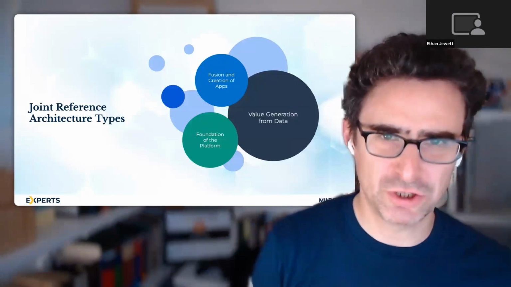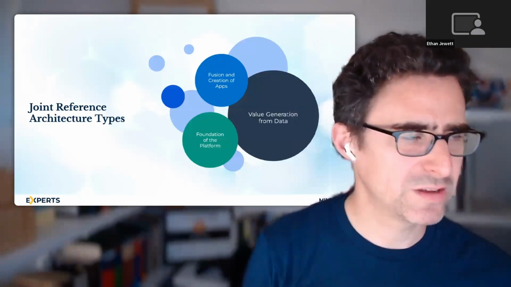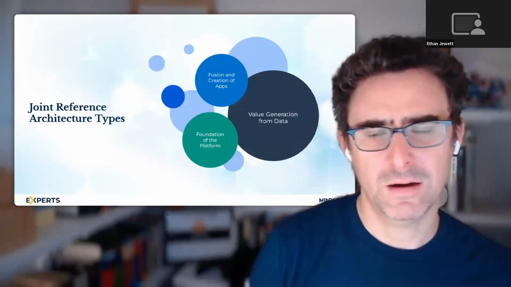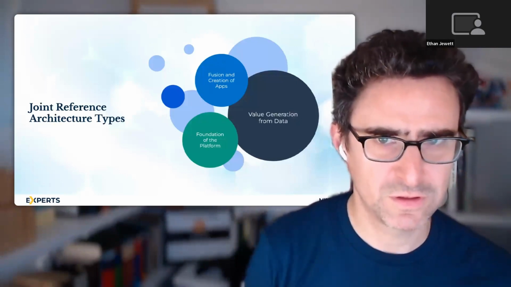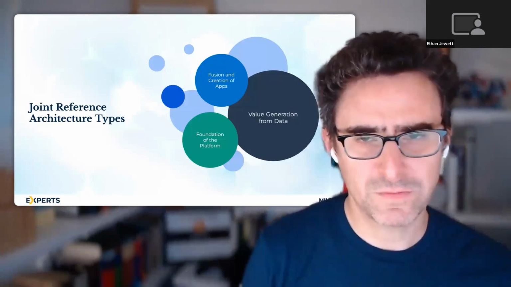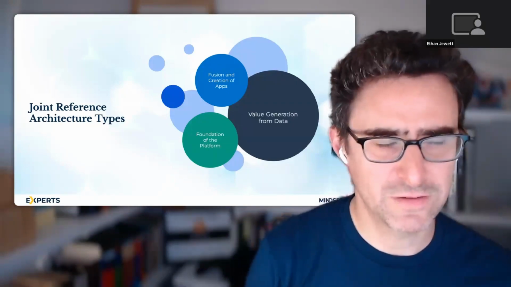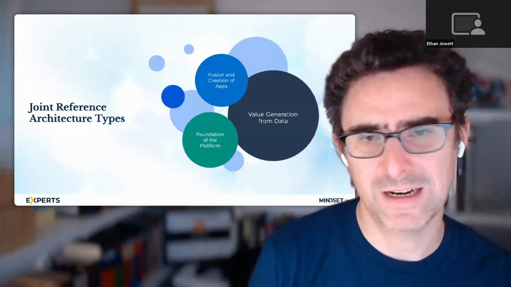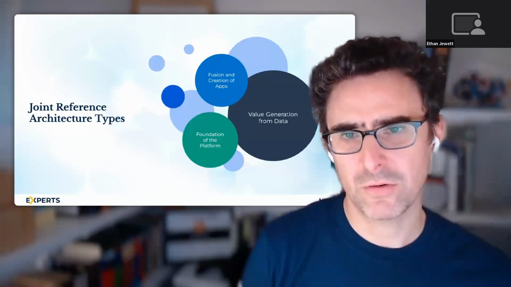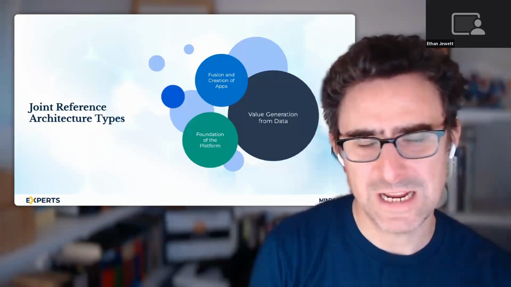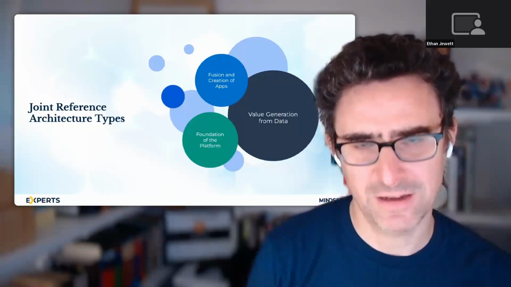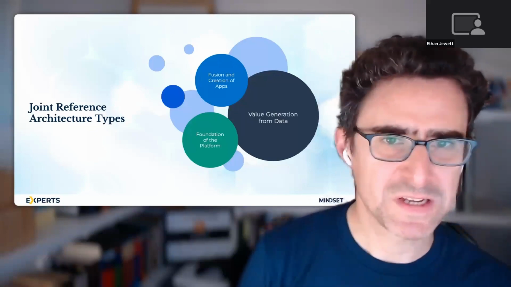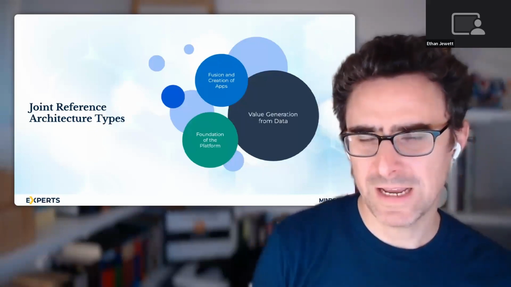So joint reference architectures, generally speaking, the ones from AWS and SAP, but also the ones from Azure and GCP and SAP, they kind of come in three different flavors. They come in a flavor that is about the foundation of the platform. So how do I set up principal propagation, identity propagation between my platforms? How do I create a good foundation for developing apps, for managing data, all that stuff? Then they have a flavor focused on app creation. So how do I create apps well?